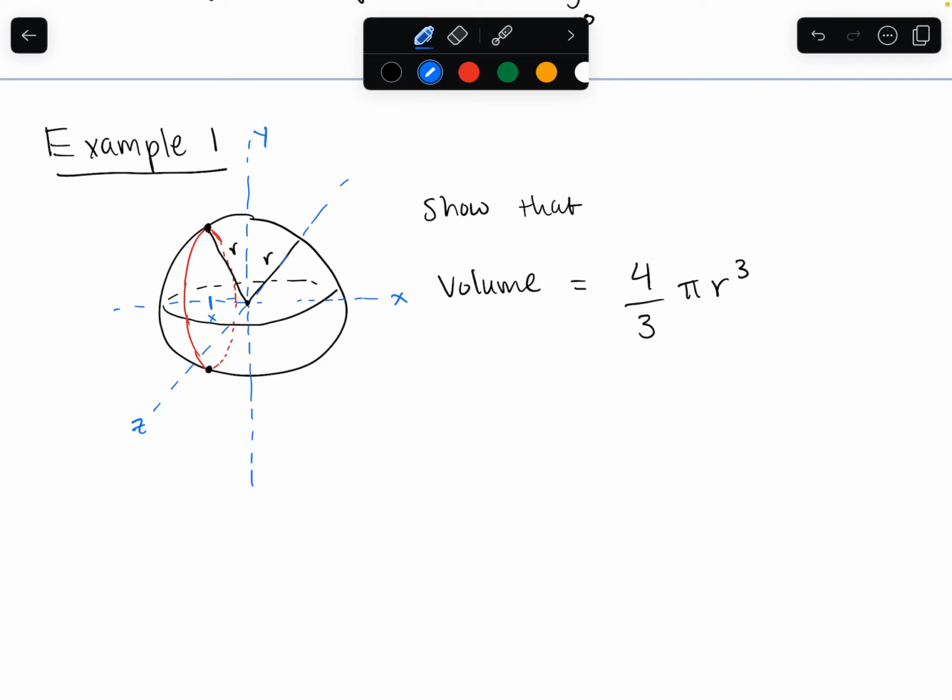And then I know that the distance from the center of the sphere to x, I just call it x, because that's what it is. And then the distance from this point down to the center of the cross-section, that is my y.